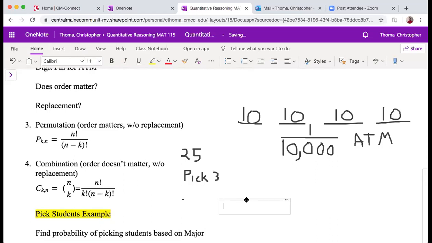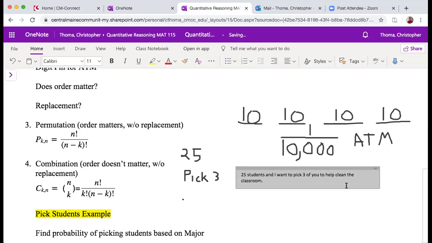So 25 students in the class, and I want to pick 3 of you to help clean the classroom after class.